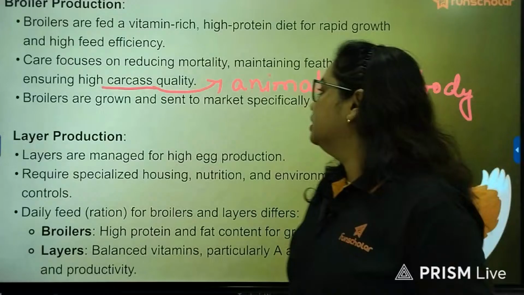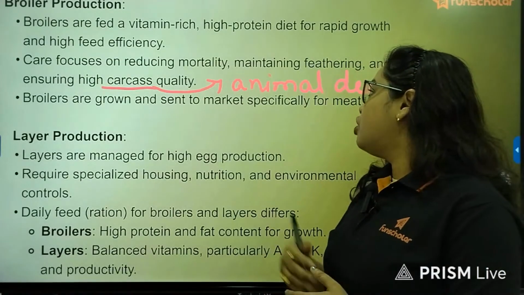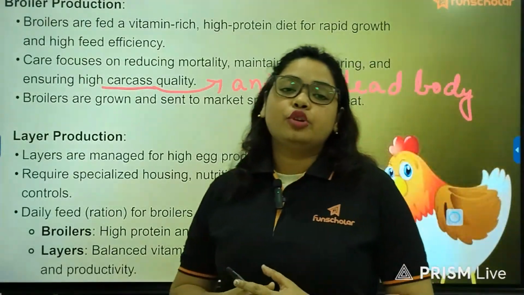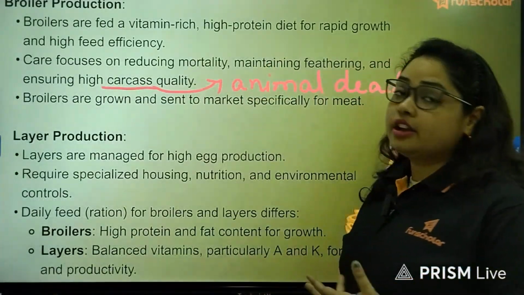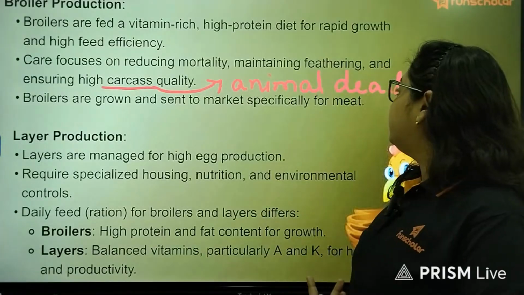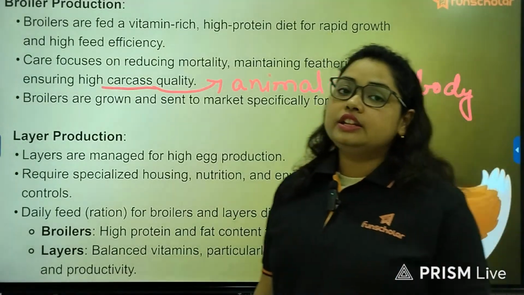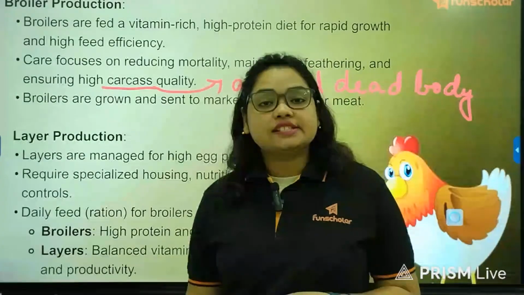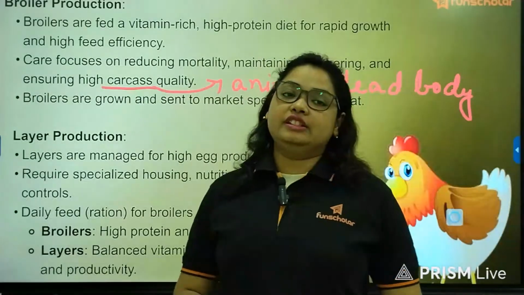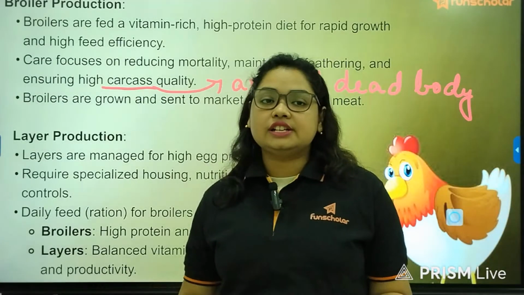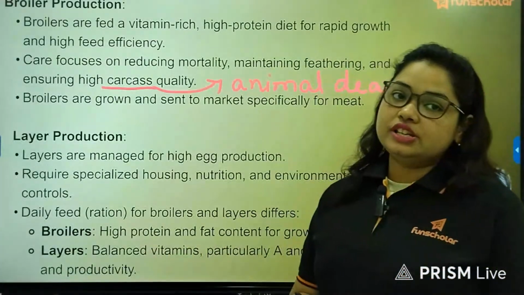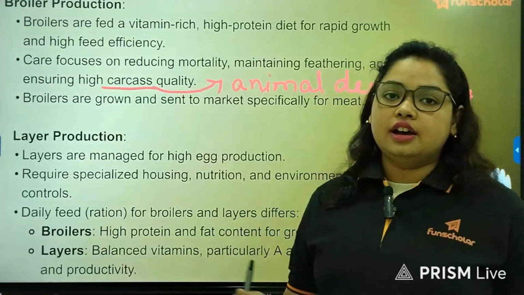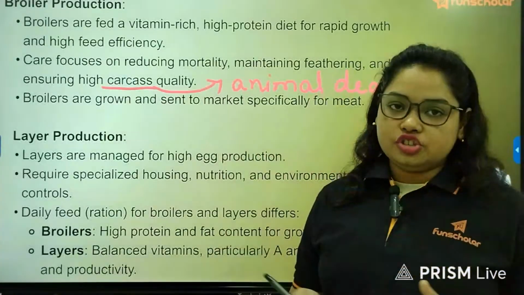So care should be given so that mortality is less, by producing disease-resistant, temperature-resistant species by crossbreeding, then maintaining feathering quality. Grooming is very much necessary, because feathers help to cover the body, protect them from many pathogens, and protect the internal structure of the body.